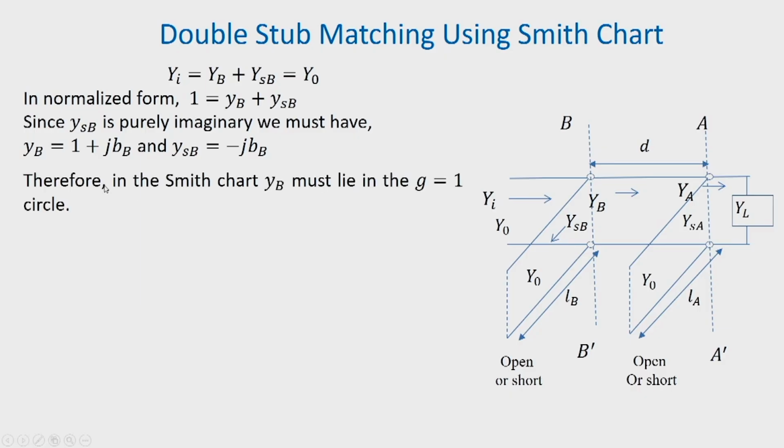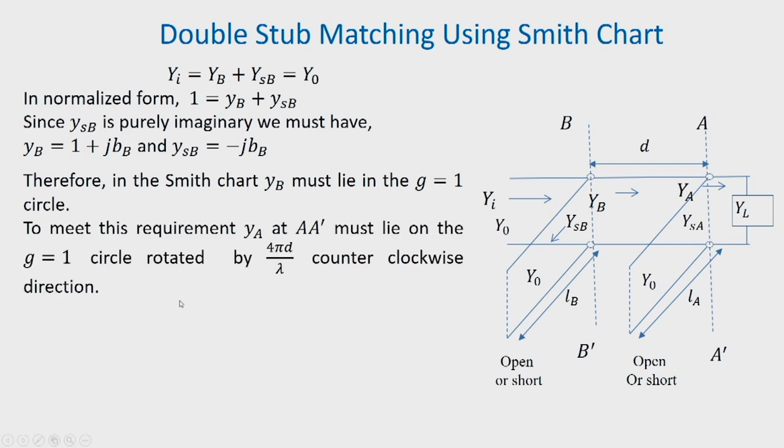And therefore, we find that in Smith chart yb must lie in the g is equal to 1 circle. We are using the Smith chart as an admittance Smith chart, and since the real part of yb is 1, it must lie on the g equal to 1 circle.